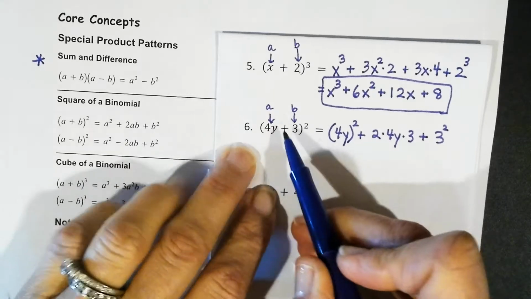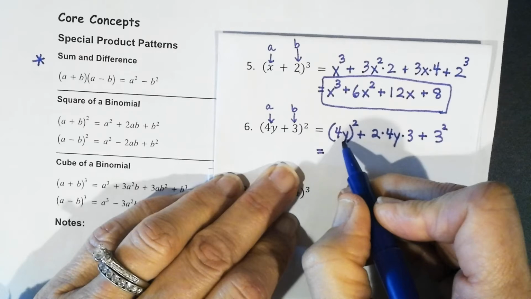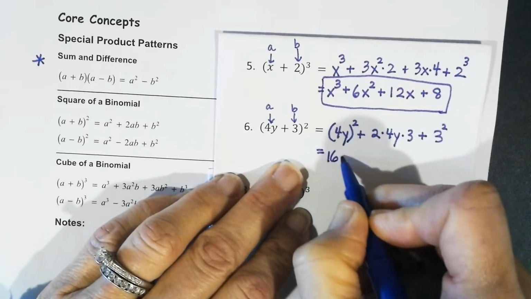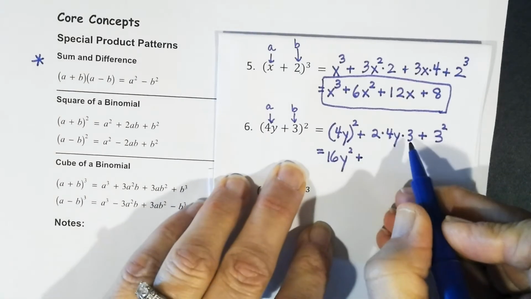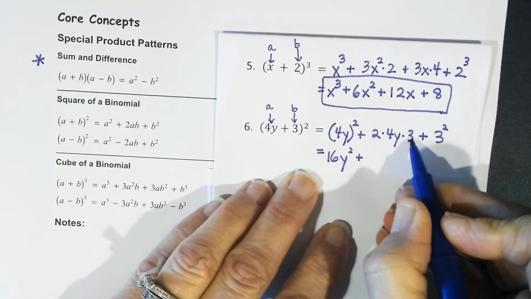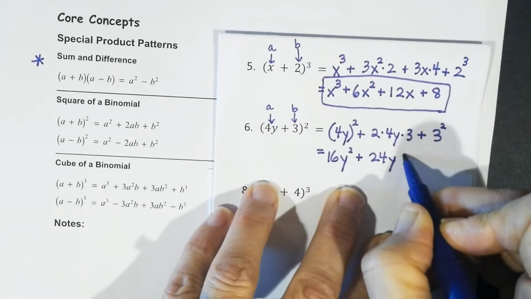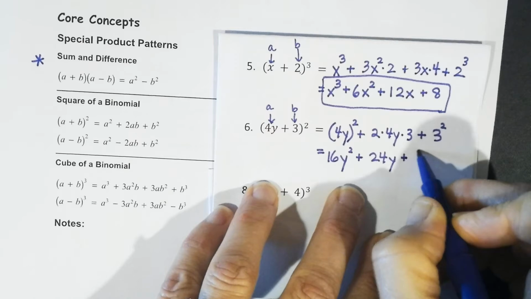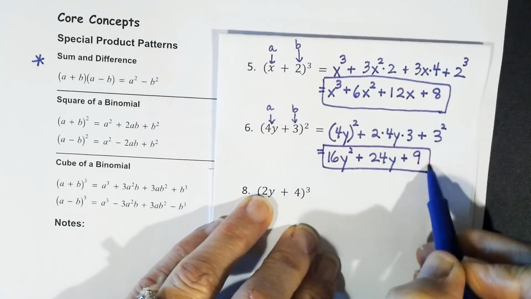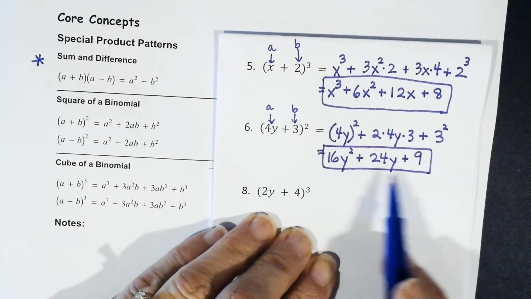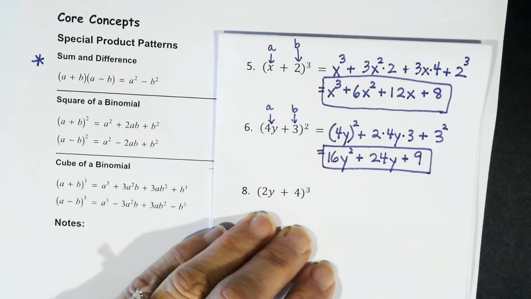So if I just identify and plug it in, I'm going to get 4y times 4y, that's 16y squared, plus 2 times 4 times 3 is going to be 24y, and then 3 times 3 is 9. Again, if you multiplied those two out, that's what you would get. But if you follow the pattern, it's basically one step.